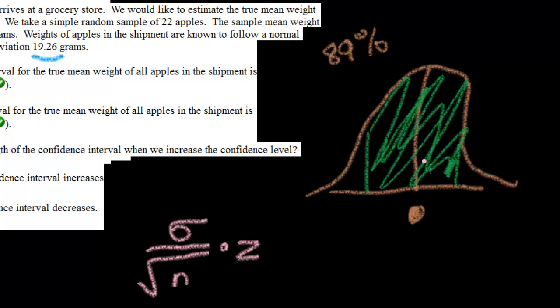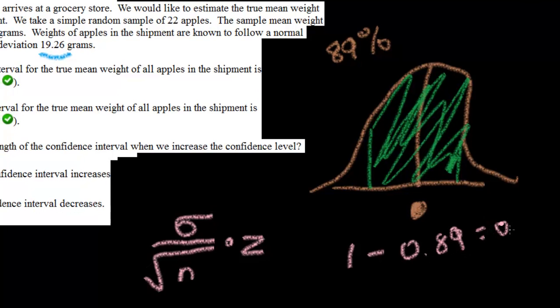Now we just have to use some facts about normal distributions. We know that the total area inside a normal distribution is 1. Because we know that, we can find the areas that are not 89%, which are the areas of both tails, and we do that by doing 1 subtract decimal 89.